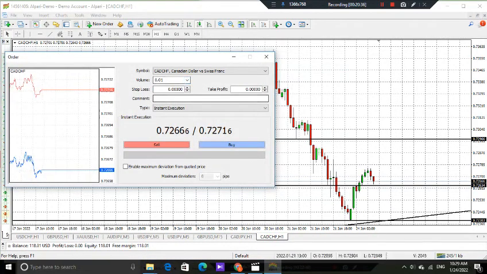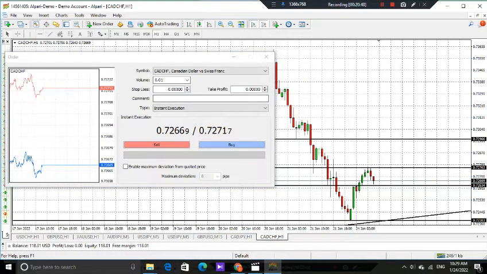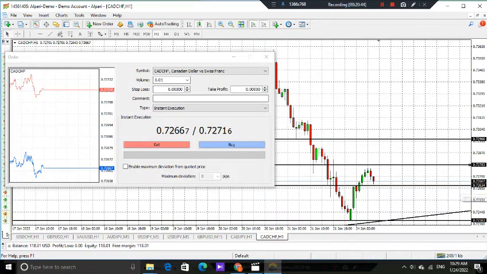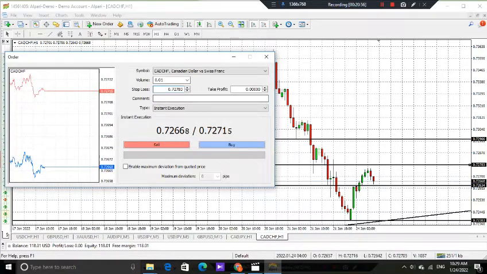Okay, my take profit would be above this level, maybe higher. This 72,783. And take profits at this level 72,383.